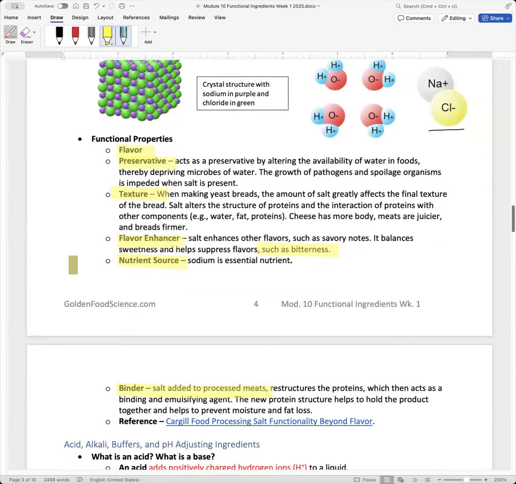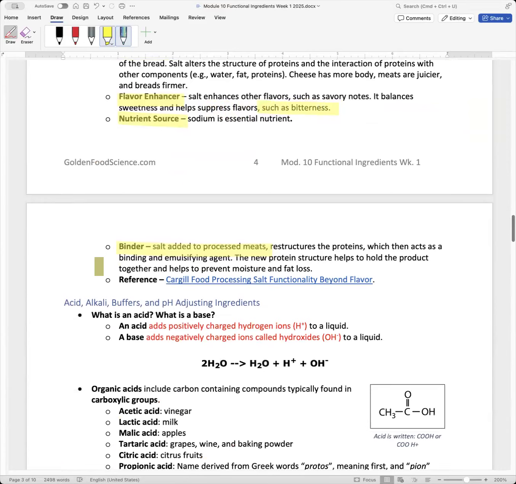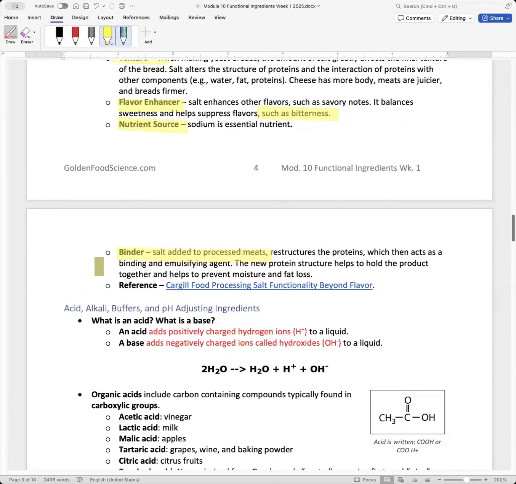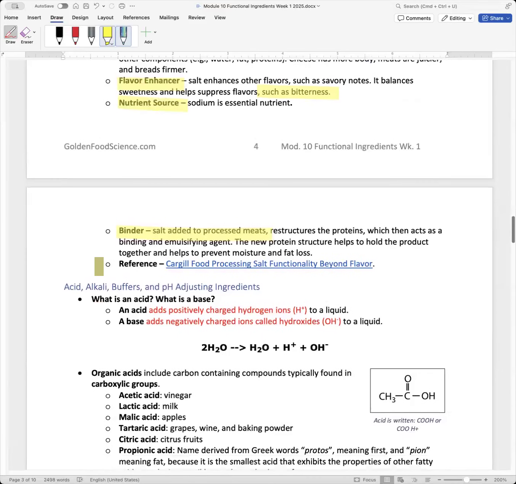And it's been relied on way too much in processed foods for safety. So it's nice to see that people are reducing the amount of sodium that's in food, and the FDA is busy working on that.